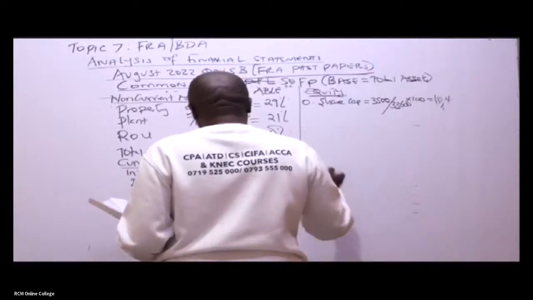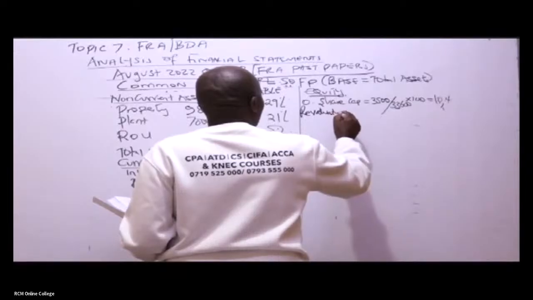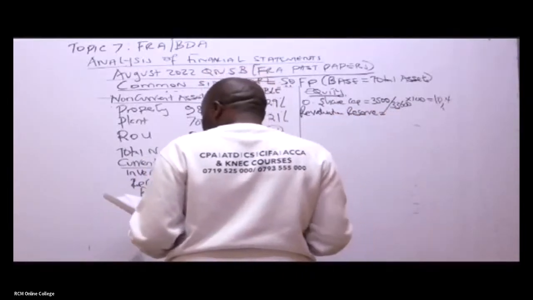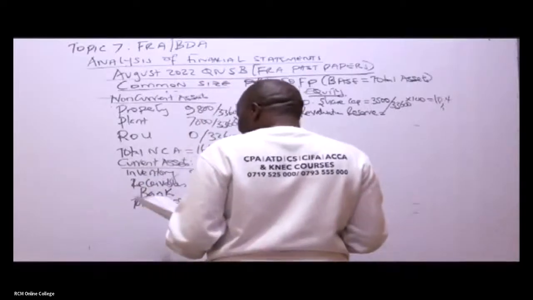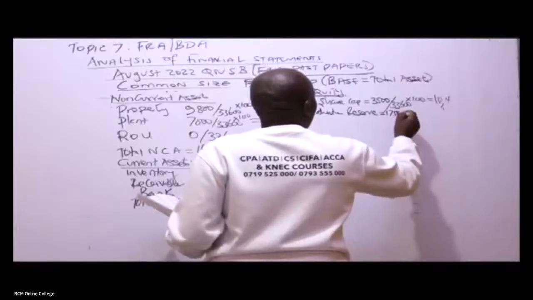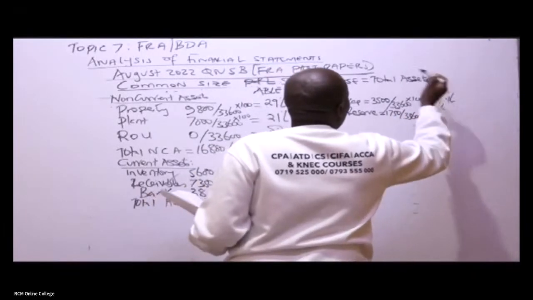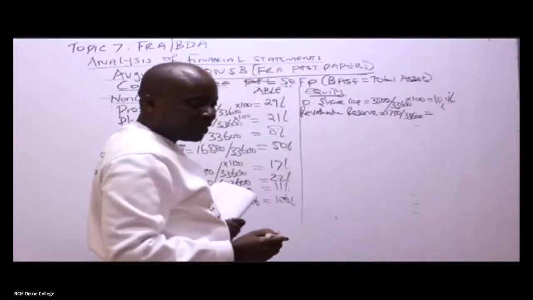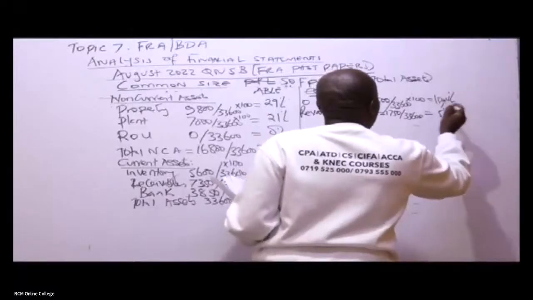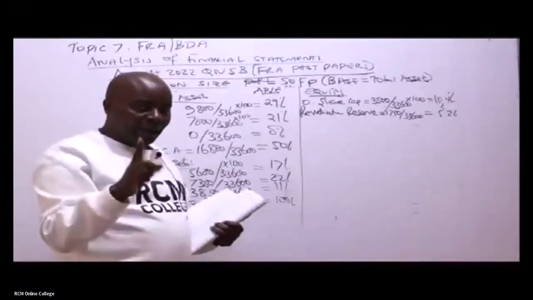Then we have a revaluation reserve. What am I able to see there, ladies and gentlemen? 1750 divided by 33,600. So what are we able to get here? I'm sure even here, you must have made a few mistakes because you decided to round off to a whole number.